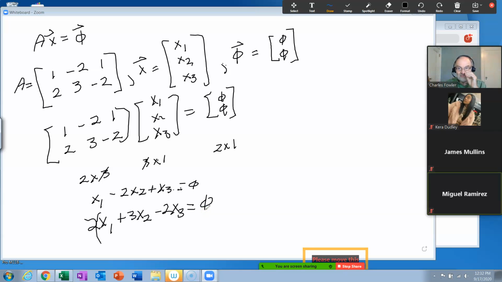Okay, so now we've taken this matrix A times this column vector x and set it equal to this column vector 0. We've done it here the way it said to do it and written it out here, and then we did the matrix multiplication and get these two equations. Okay, now we have to solve those, and I'm trying to get my pen to show. There it is. Okay.